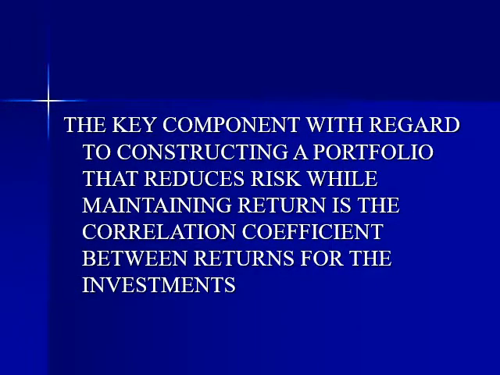So the key component with regard to constructing a portfolio that reduces risk while maintaining a level of returns is that correlation coefficient. In other words, selecting components within that portfolio, or enterprises, or investments, that are not perfectly correlated. And so they're able to offset, or in other words, we start mitigating some of the risk.